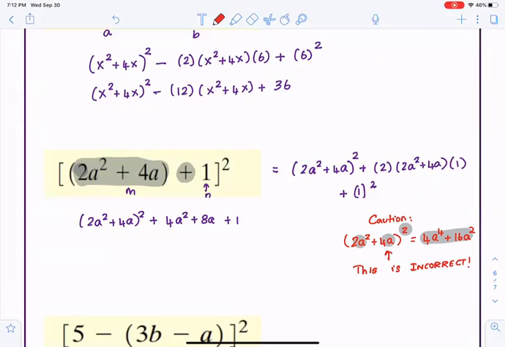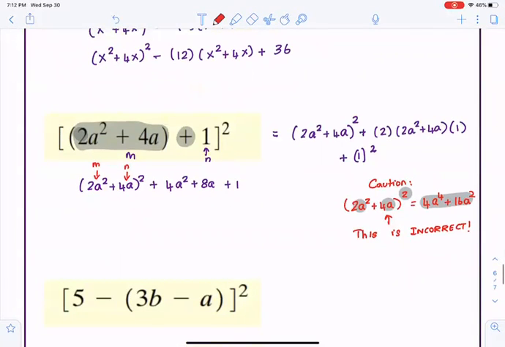So how would we go about doing this? If you look at this term, we can say 2A squared as M and 4A as N. And what we have here is (M plus N) squared. It is a special product that we had already seen. So if I use the identity, which is (M plus N) squared, I'll write it again, is M squared plus 2 times M times N plus N squared.